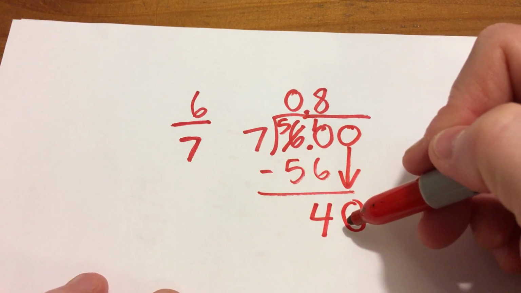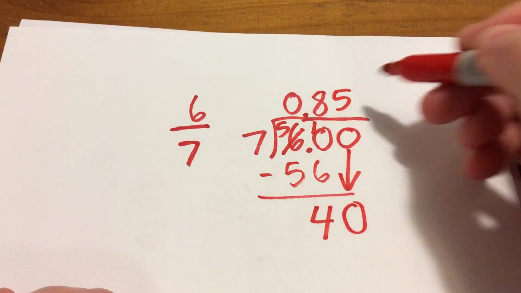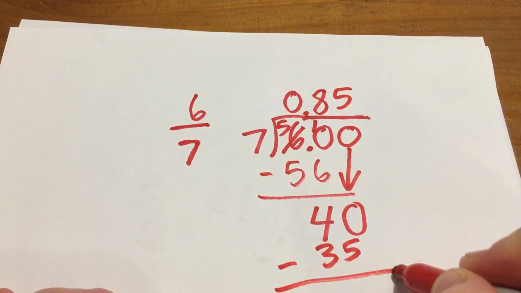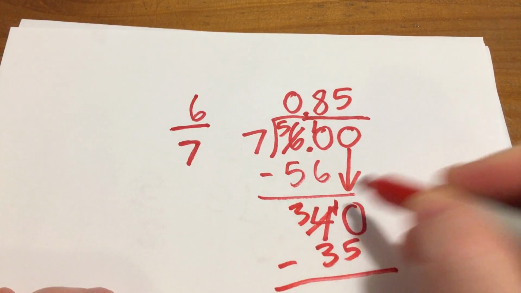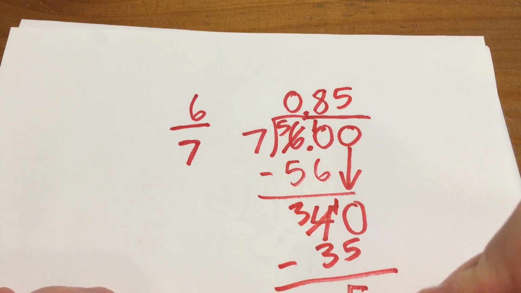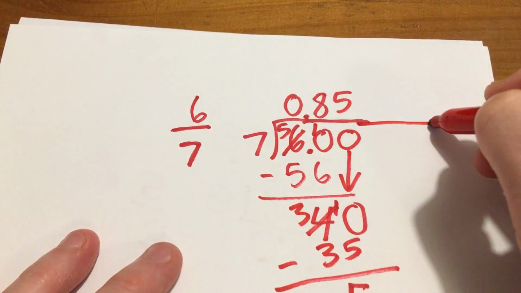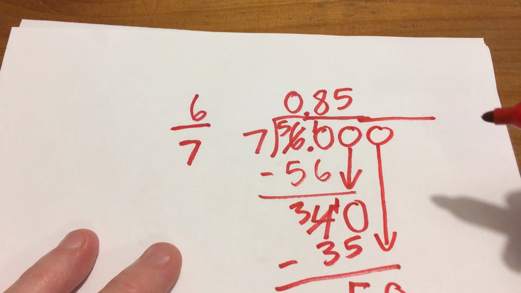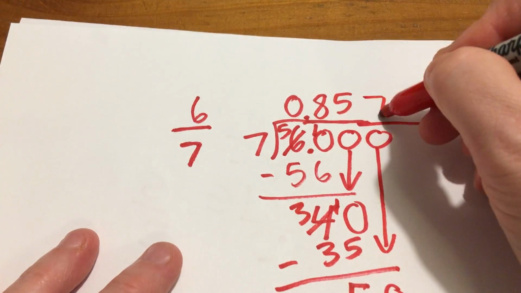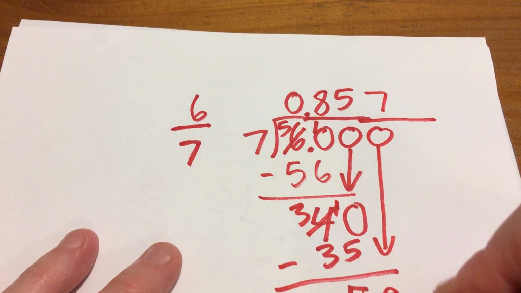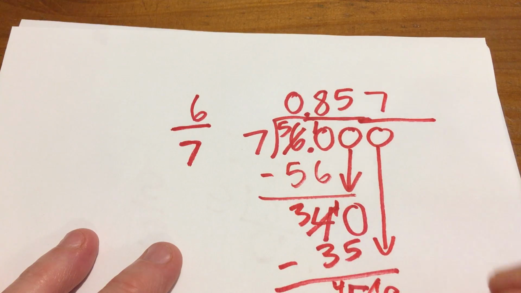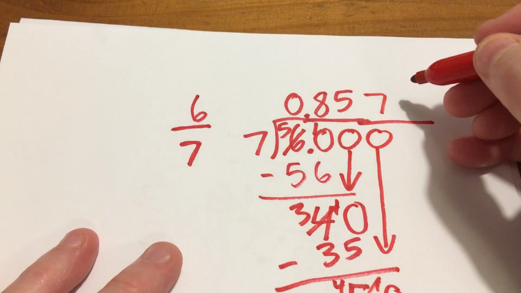Can 7 go into 40? Yes, it can. 5 times. 7 times 5 is 35. Borrow from the 4. That becomes a 10. 10 minus 5 is 5. Bring down another 0. Can 7 go into 50? Yes, it can. 7 times. 49. 10.